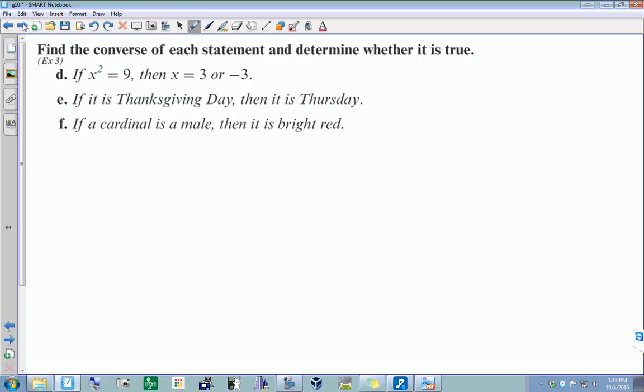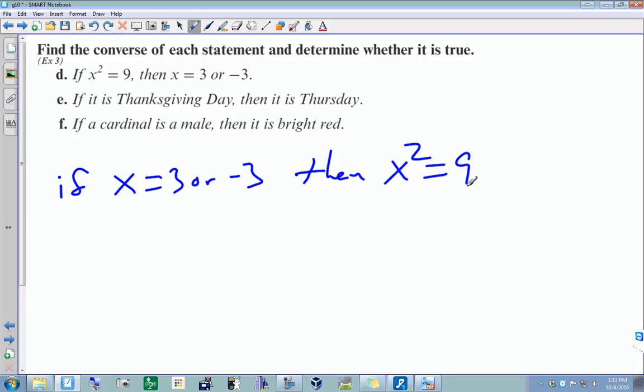Jacob, what is the converse of number 1? Or of D here, I should say. Good.